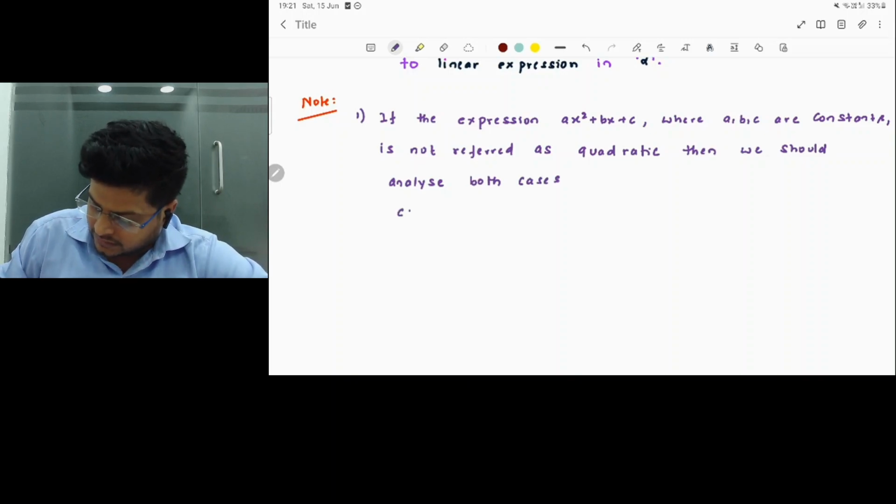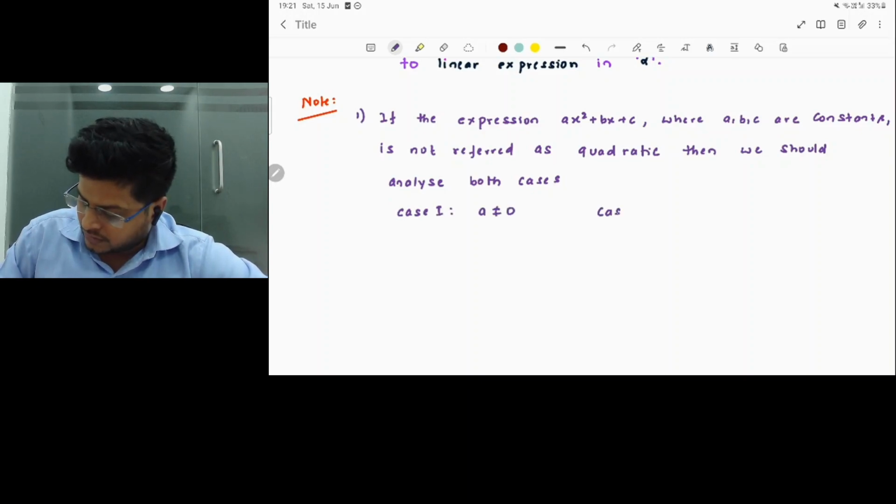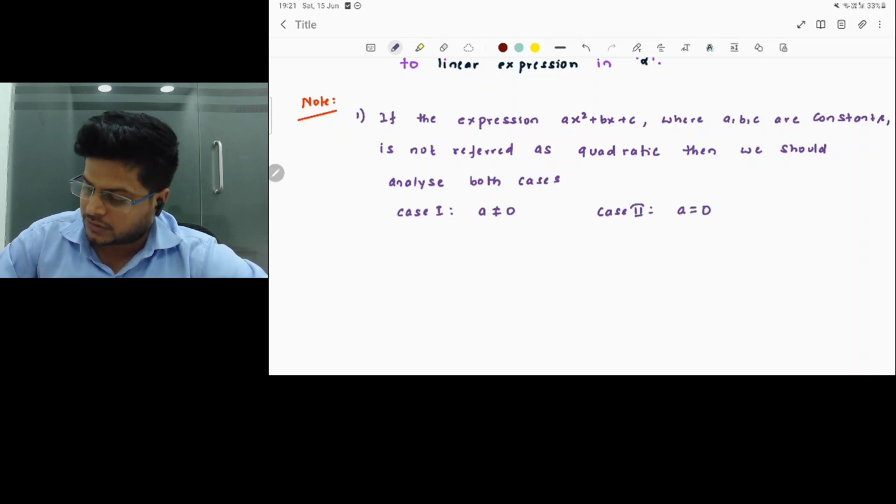What are the cases? Case 1, a not equal to 0. Case 2, a equals to 0.